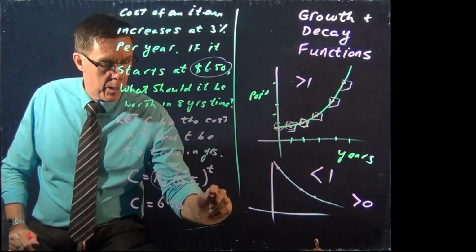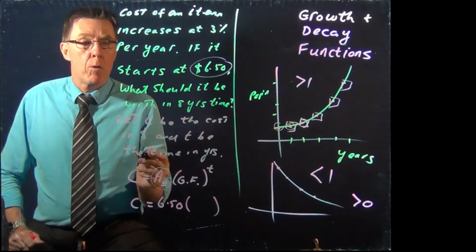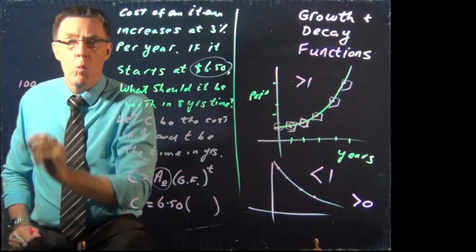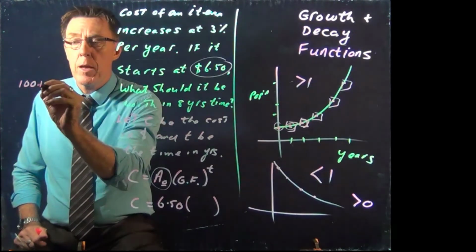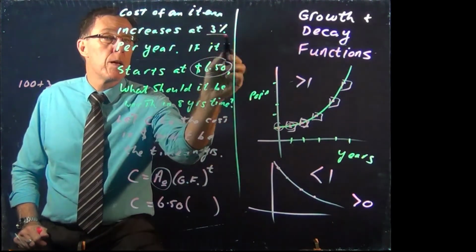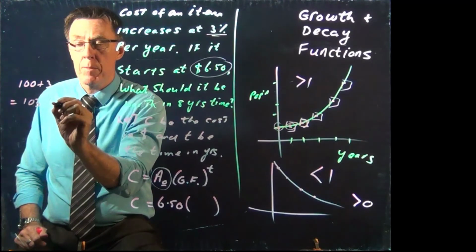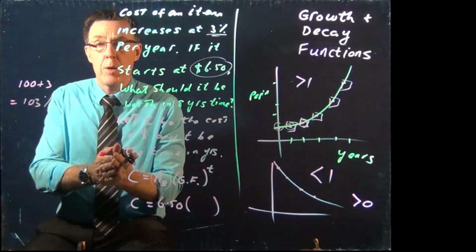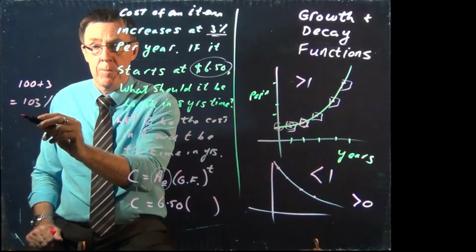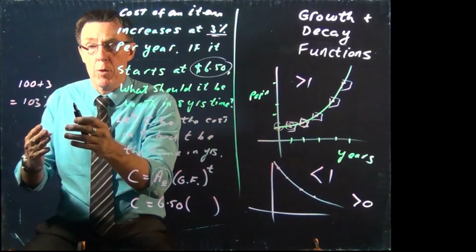Now, growth factor. How quickly is it growing? Now the growth factor is, at each particular time period, you have 100% of the value. You then add on 3% of the value. As it says here, that's an increase by 3%, which gives us 103%. So to go from one time period to the next, you're at 103%. 100% just means it stays the same, and you put another 3 on top.